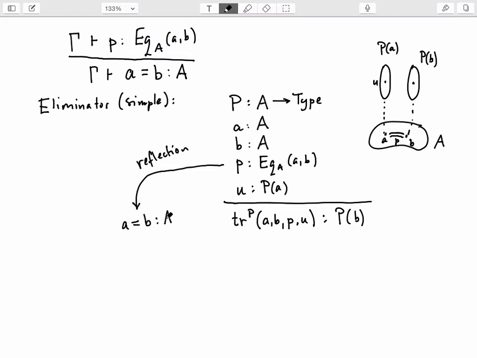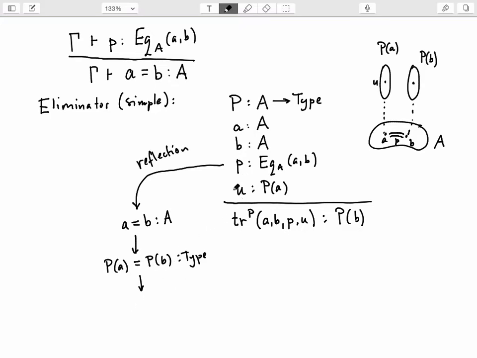And then, with a little bit of care, I can just replace this a by b. So therefore, because a equals b, P of a equals P of b, by some other general rules. And then there's yet another general rule which says that equal types can be substituted.